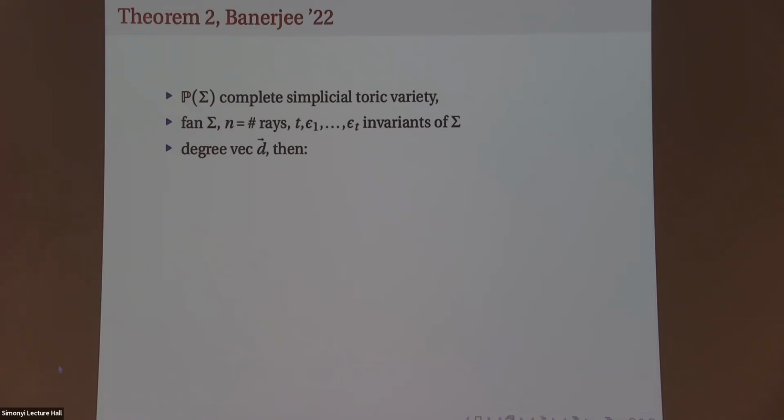And now the degree is not just determined by a single integer, it's a degree vector. It's d1 to dn, actually the same n as the number of rays.